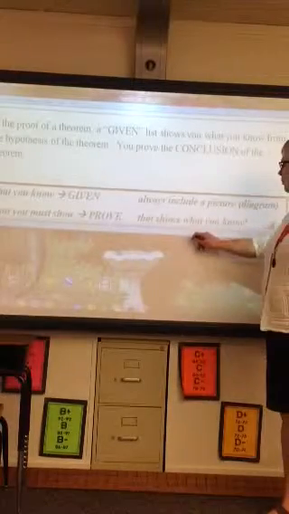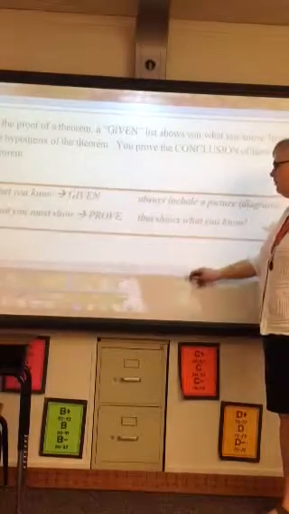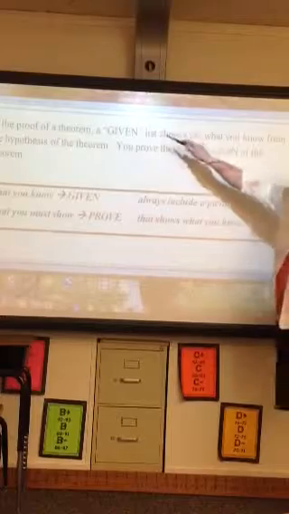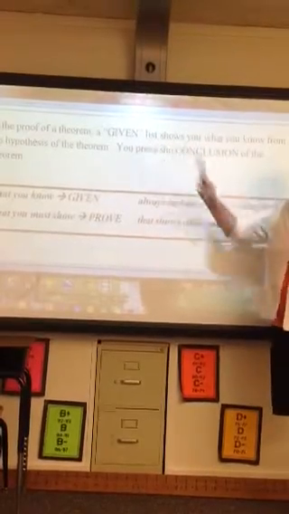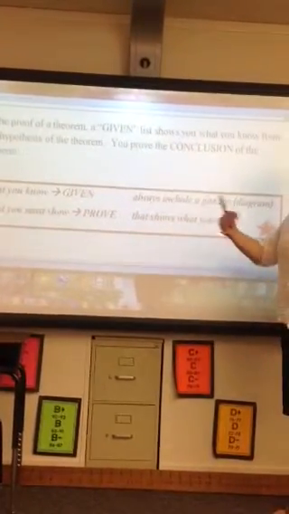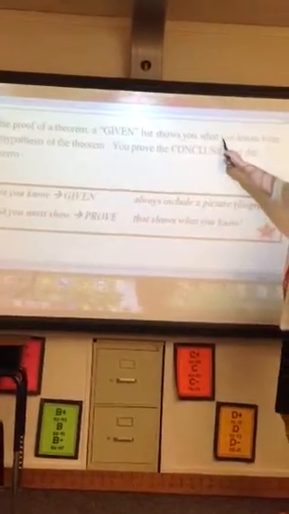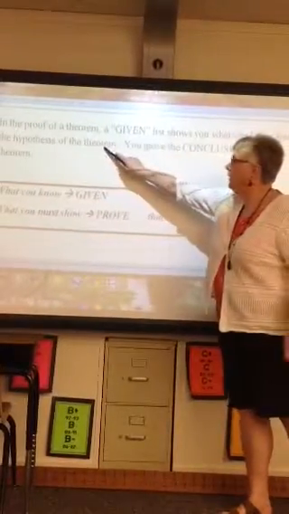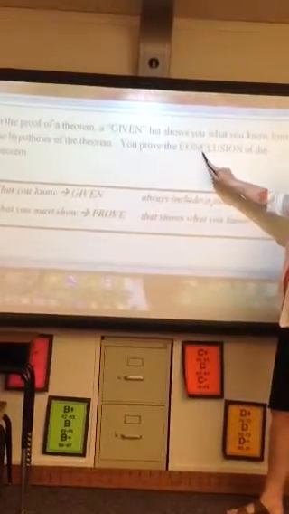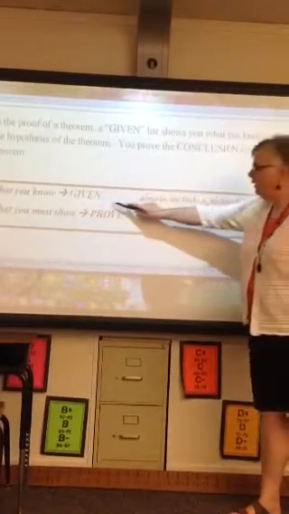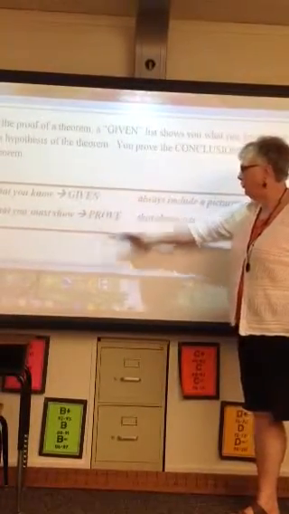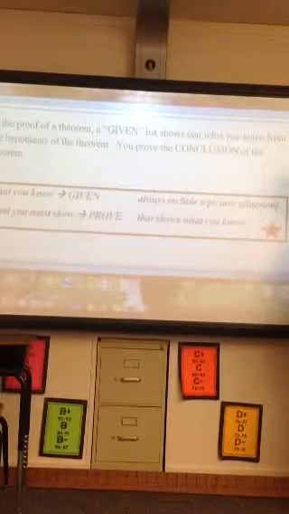Now, when we have the column proof, and guys, we will practice this a lot, you will always have a list of givens, things that you accept are true or they've given you as true. So you know they're usually from the hypotheses. And you want to prove the conclusion. So you'll have a given and prove. You will always include a picture, and that shows what you know.